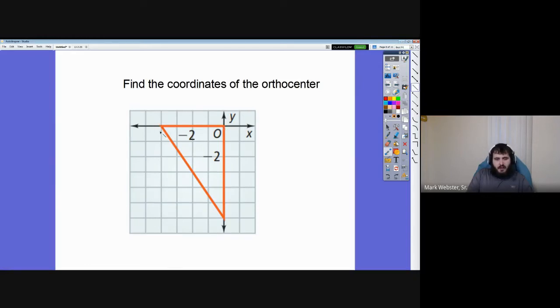Well, this has a slope of -3/2, right? So we want it to have a slope of 2/3. So let's go through and find that slope of 2/3. From here like that. Slope of 2/3.